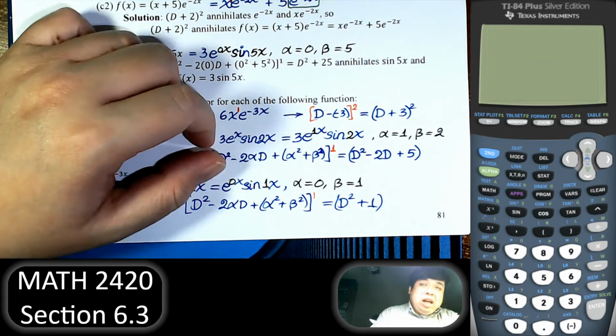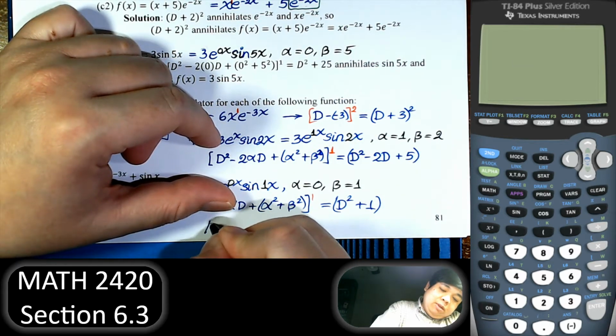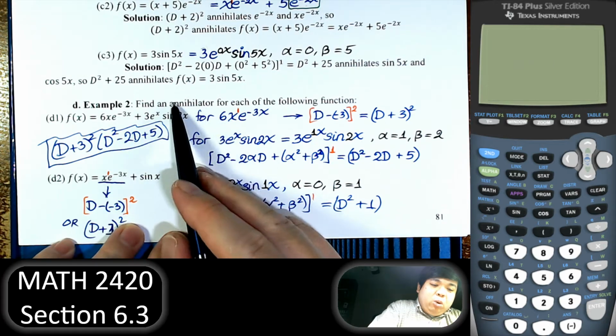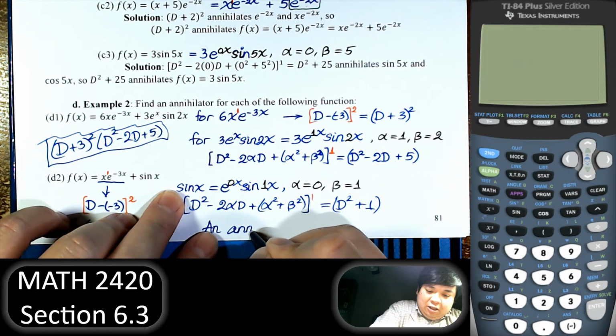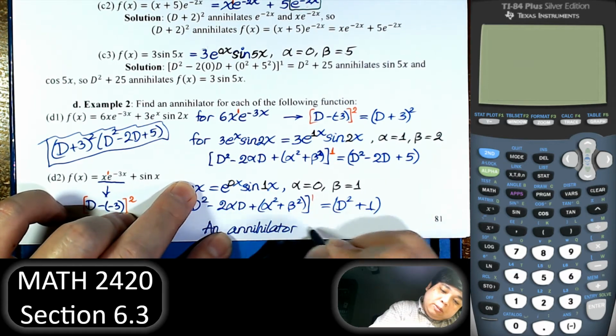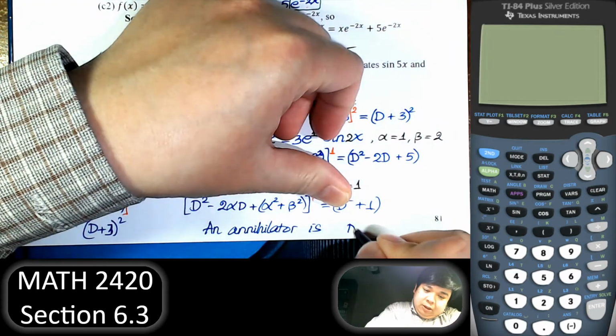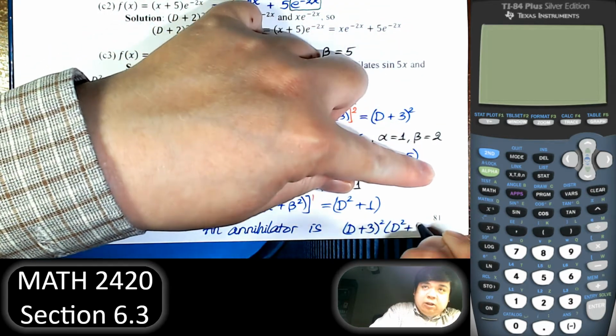If we want to annihilate both, and this is only one of them, so we say an annihilator is d plus 3 squared times d squared plus 1.